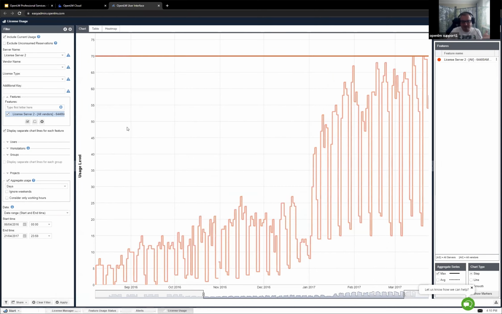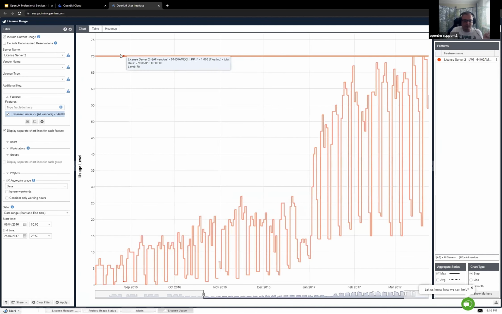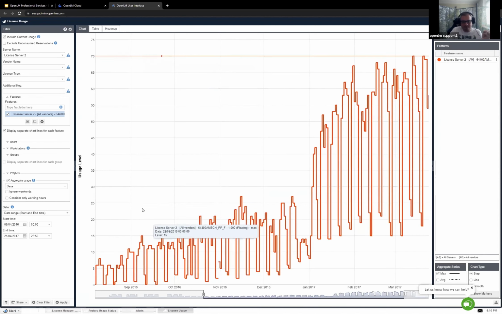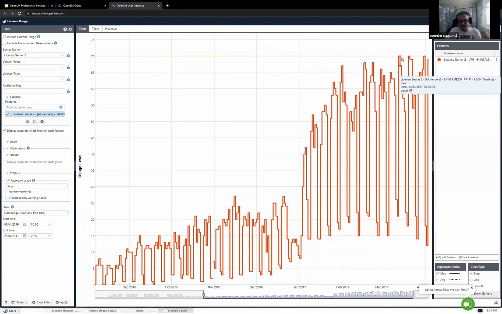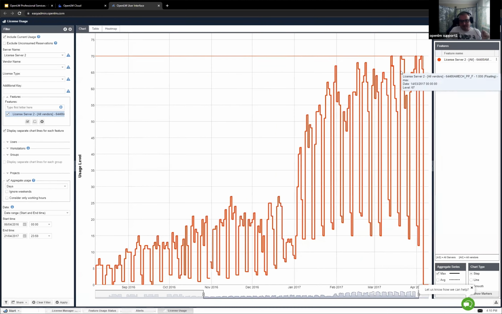Looking at AutoCAD Mechanical, I can see that at the beginning the utilization was not really there, so I was way over licensed, and I could have done something about it. But at a later point, my utilization started to rise, so I can see that I have more and more users utilizing the product. At the end, I'm actually hitting the quantity owned, so it's even possible that I may have some denials and may need to purchase more licenses.